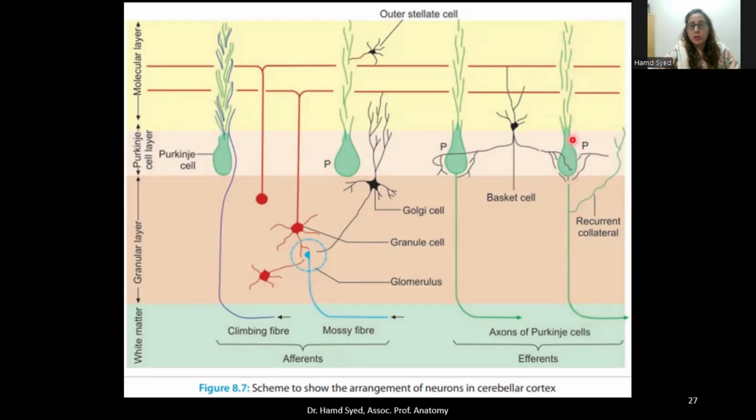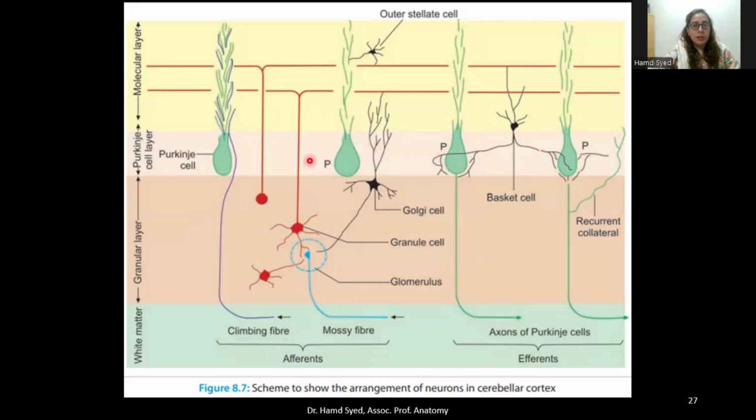The dendrites of Purkinje cells will synapse with these parallel fibers, which are the bifurcations of the axons of granule cells, which are present within the granule cell layer. The axons emerging from the basal aspect of the Purkinje cells form the efferent fibers of the cerebellum, and remember, they also have an inhibitory function.